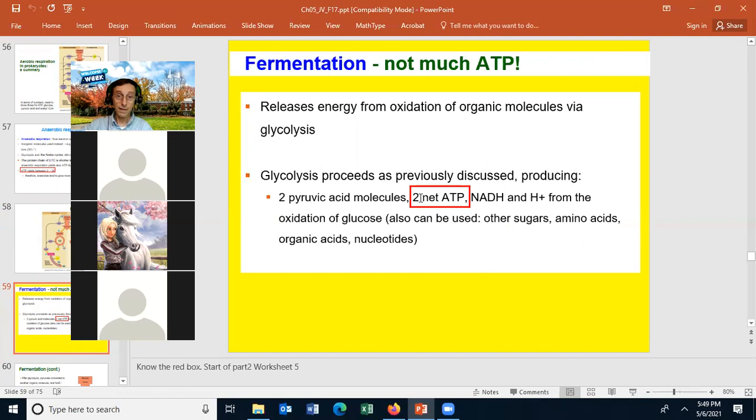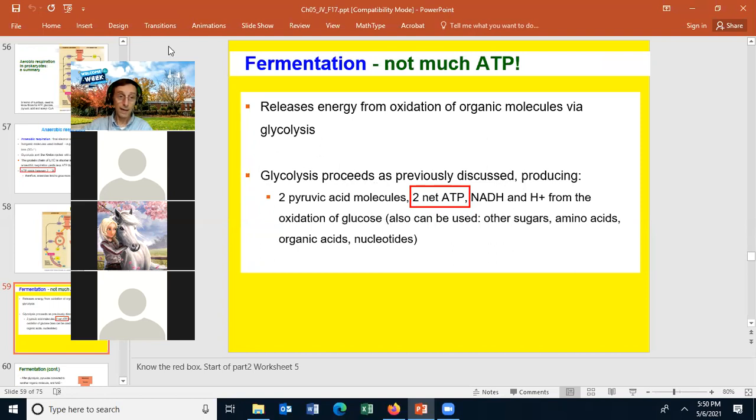Fermentation releases energy from the oxidation of organic molecules like glucose via glycolysis. Glycolysis proceeds as we previously discussed, and it produces 2 pyruvic acids, a net gain of 2 ATP, NADH and H+, from the oxidation of glucose.